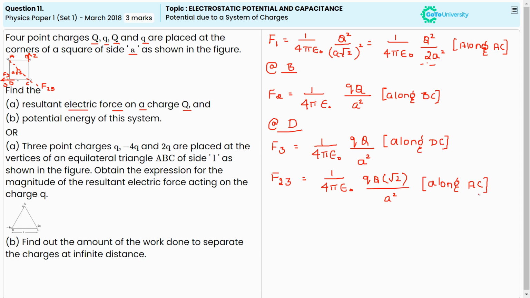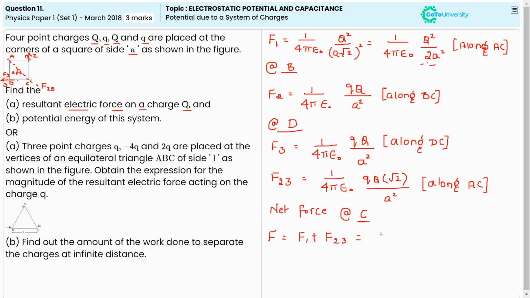The net force, the total force on charge Q at point C, is written as F is equal to F1 plus F2,3.